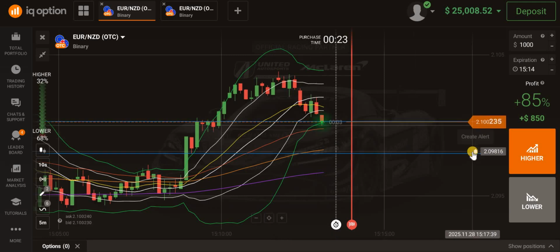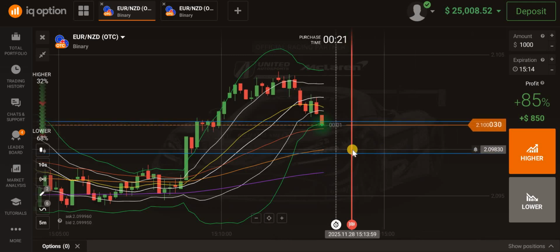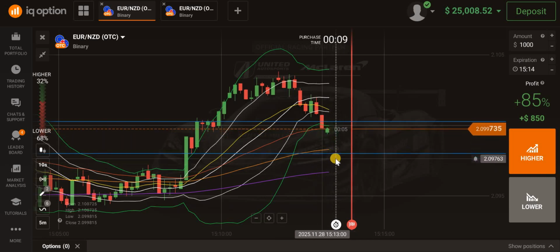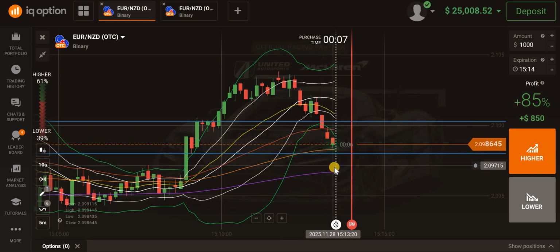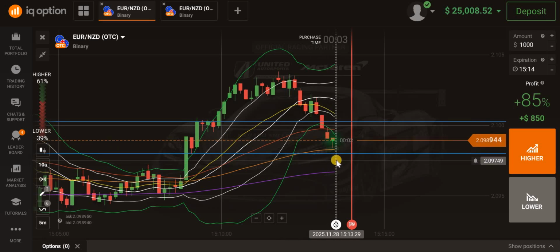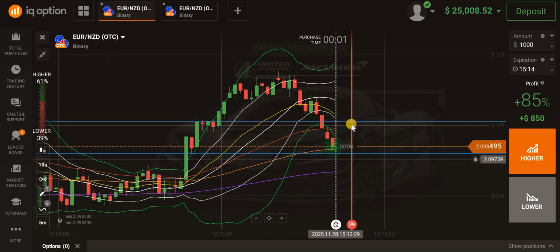So I want to see a rejection. Like I told you, the first thing is a rejection. Let's wait. Either a rejection or we see, in this case, a fake breakout from here. Yes, we see a fake breakout from here. That means the candlestick might come to break here and it will seem as if it's going down, but it's a fake breakout.